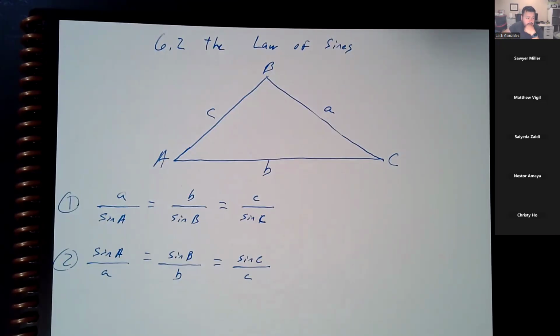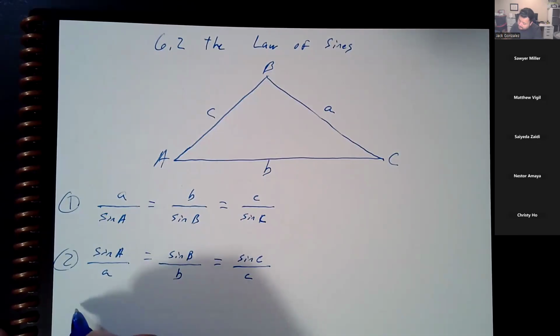Now you can solve for the angles and make another set of formulas. I'm gonna go ahead and do that for you just because maybe it'll make it easier, maybe not.